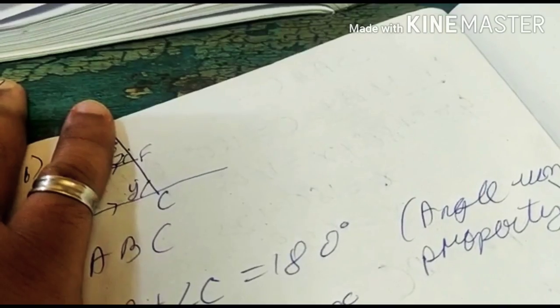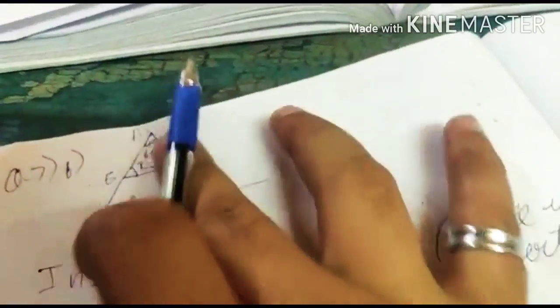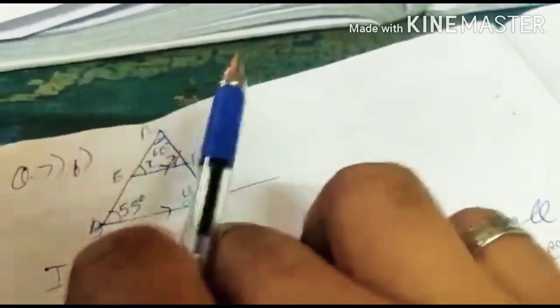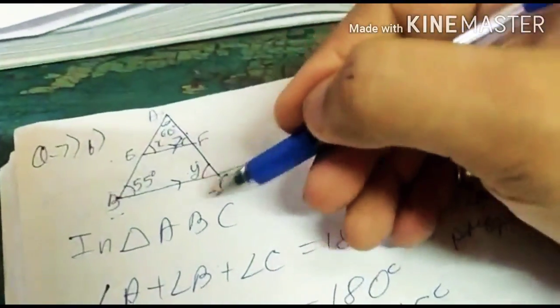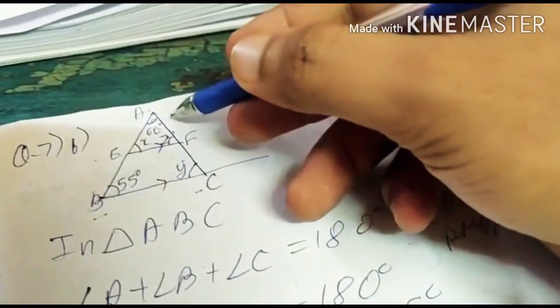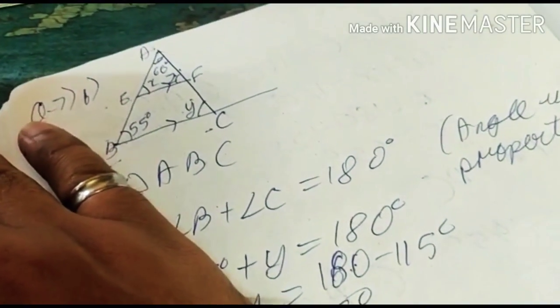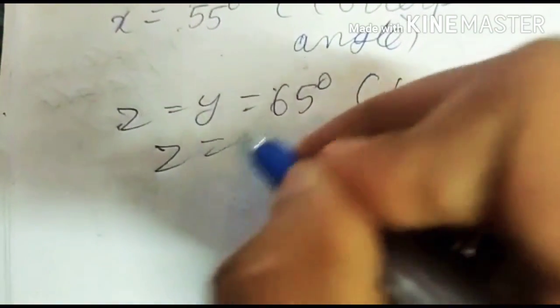They come on the pair of parallel lines EF and BC, they lie on the above part of the parallel lines, and they are cut by the same transversal AC. So here this is equal to this.